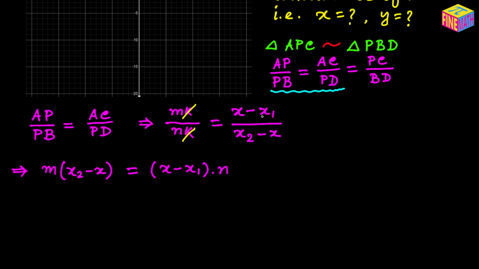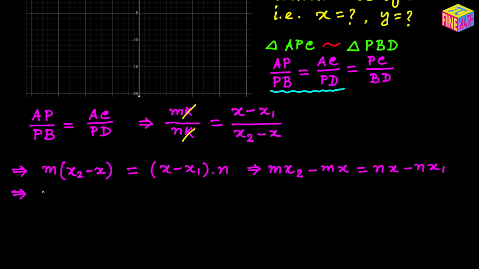N will be multiplied on that side because it is in the denominator. When you do the transposition, it is going to look like this. From here, let's remove the parentheses and say m times x sub 2 minus m times x would be equal to n times x minus n times x sub 1.